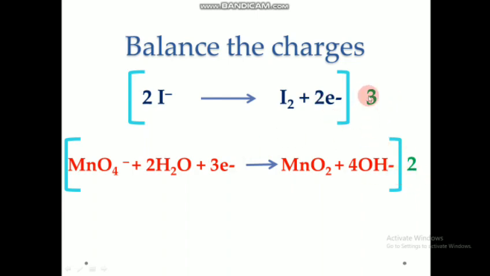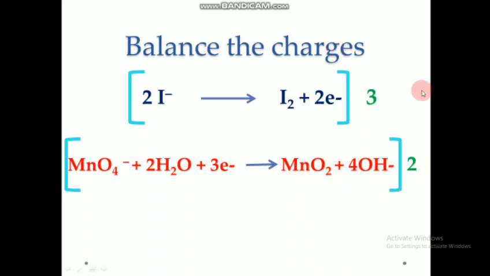Hence the equation will become: 3 into 2I minus becomes 6I minus gives 3I2 plus 6 electrons. And in this case, 2 MnO4 minus plus 2 into 4H2O plus 2 into 3, that is 6 electrons, gives 2 MnO2 plus 8OH minus.